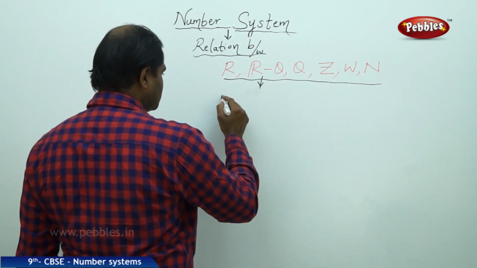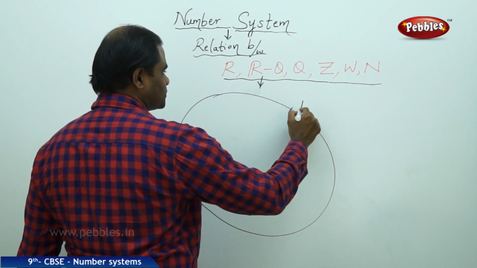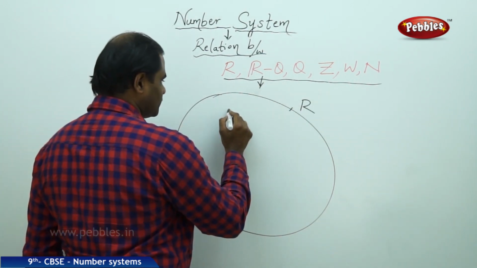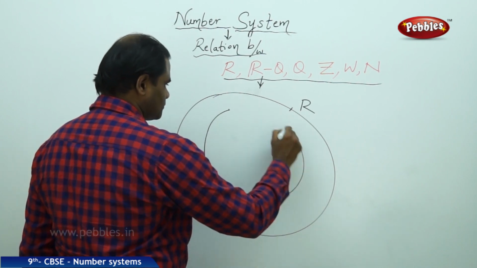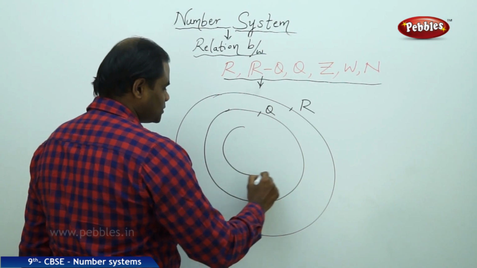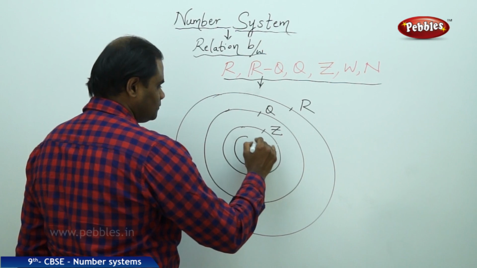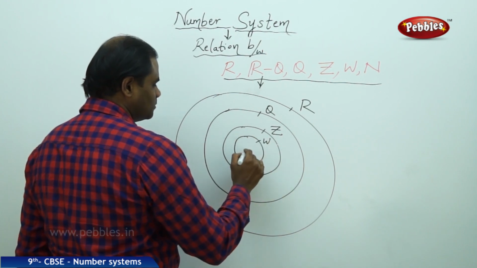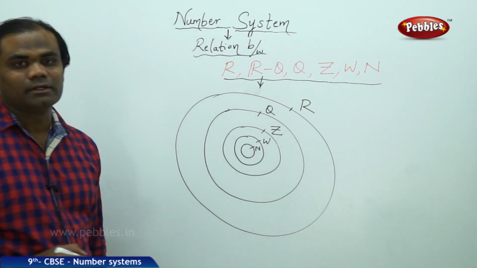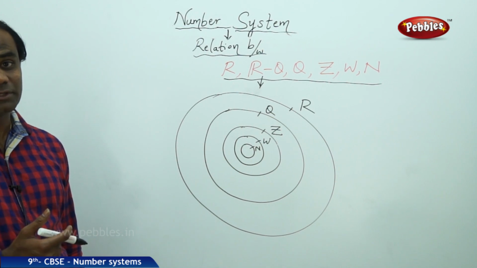Now we have the set of real numbers denoted by R, and I have the set of rational numbers denoted by Q, and the set of integers denoted by Z, and the set of whole numbers denoted by W, and the set of natural numbers denoted by N. This is how we denote them through the circular or Venn diagrammatic representation.